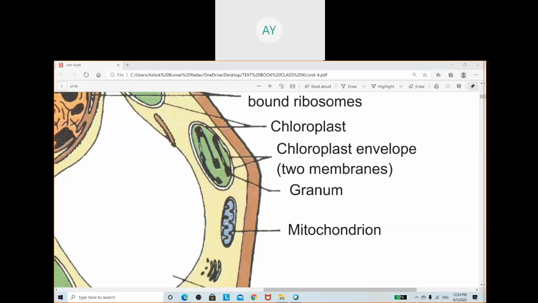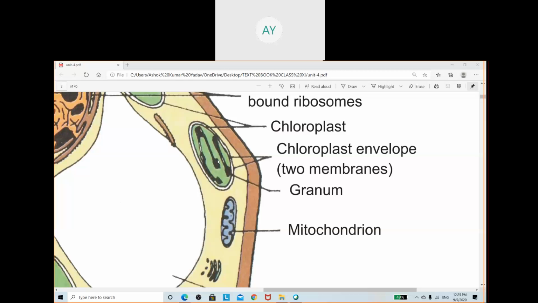So where the production of ATP occur? F0 F1 particle, capital F small 0, capital F1 particle. So if you are adding CF0 CF1 particle, it is associated with chloroplast, C for chloroplast. Okay, are you listening, my son?